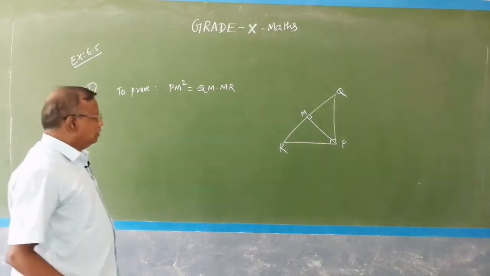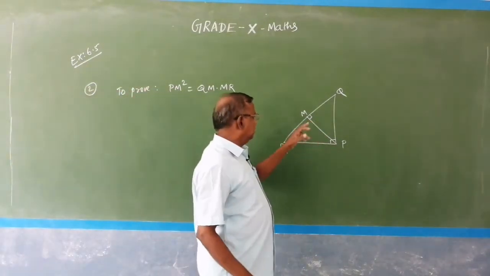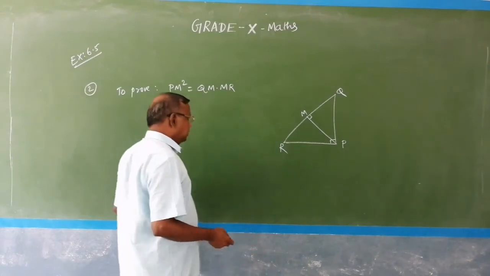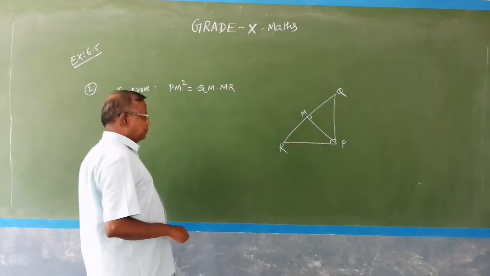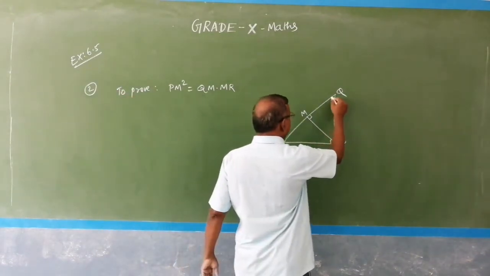First of all, we have to show these two triangles are similar to each other. Already we have studied this, but once again I will explain. Here, let it be the angle.